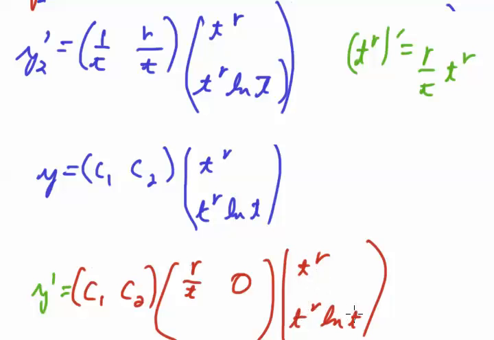But the derivative of c2 times t to the r natural log of t is going to produce this vector, 1 over t and r over t.